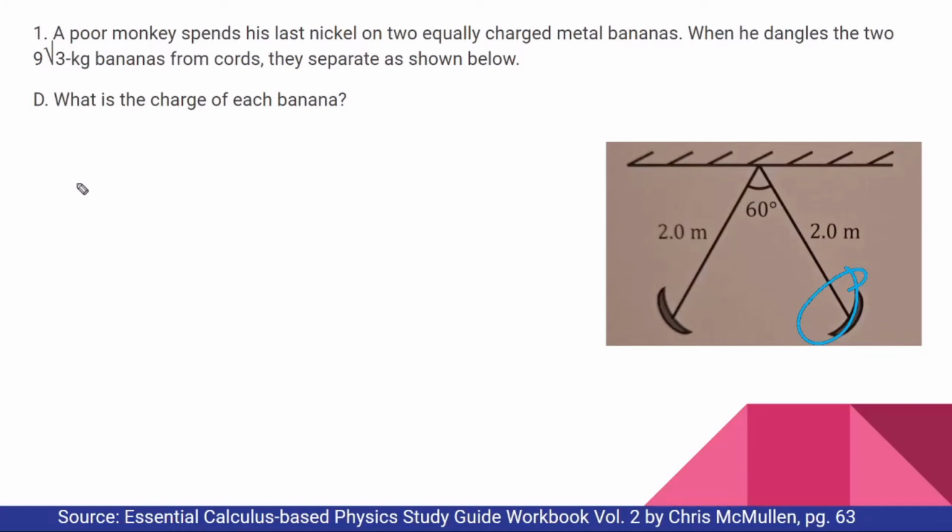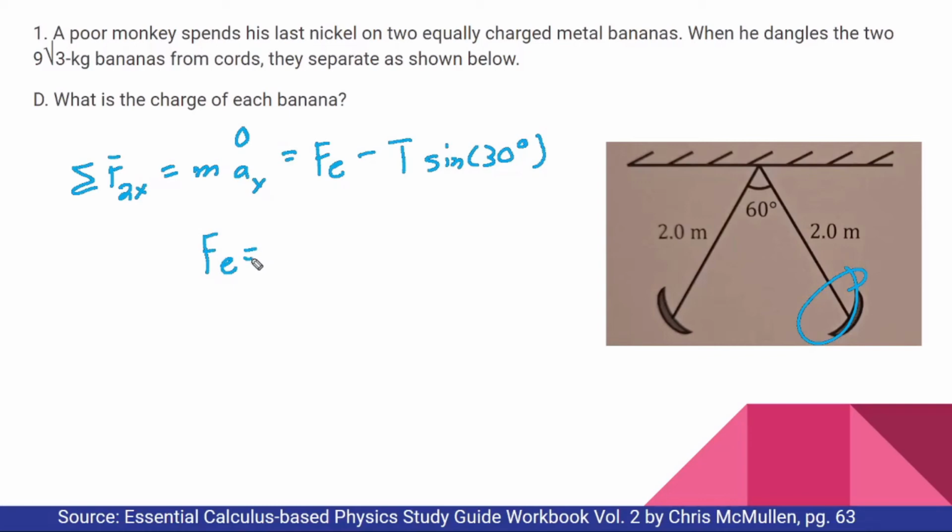We will be using the sum of the horizontal forces of the right banana, which is equal to mass times the horizontal acceleration, which would be 0, which would be the electric force minus tension times the sine of 30 degrees. Because this is 0, we know that electric force is equal to tension times sine of 30 degrees.